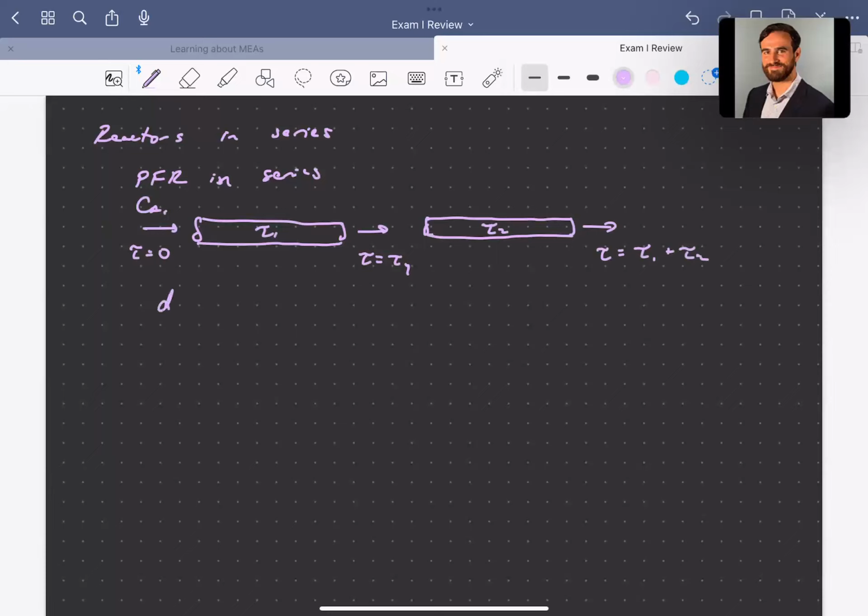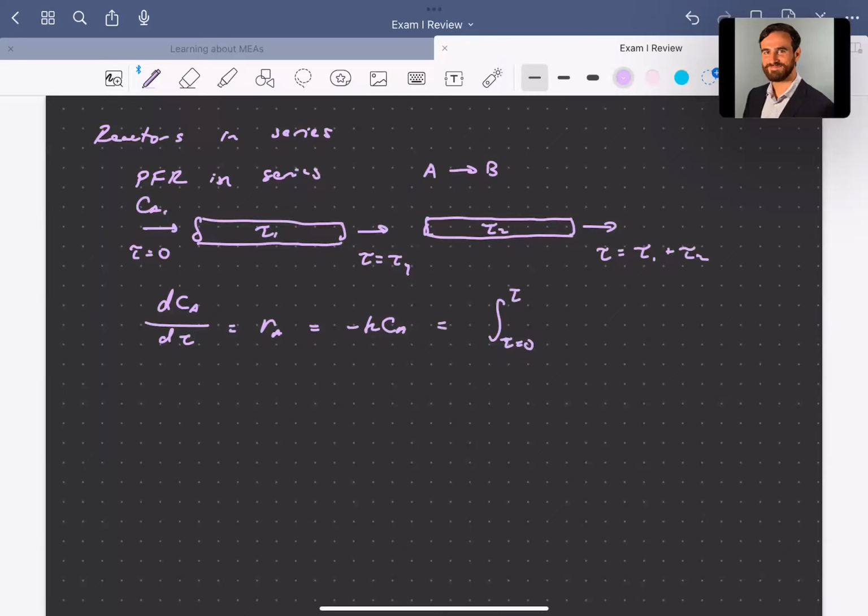So we can write a mole balance on the first reactor. dCA d tau is equal to the rate of A. So let's say it's a first order reaction. So the rate of generation of A, if it's a reactant, is minus kCa. So we can separate and integrate this expression.